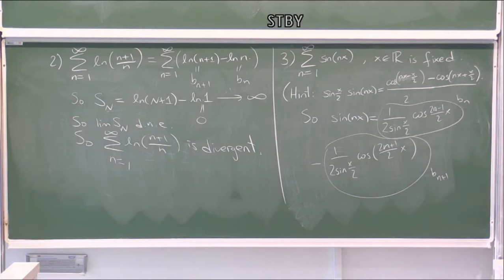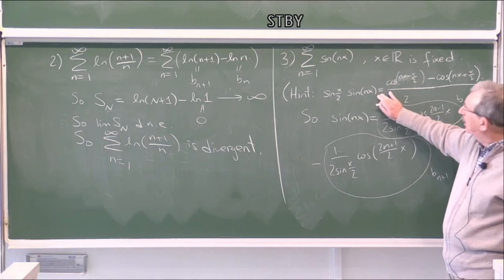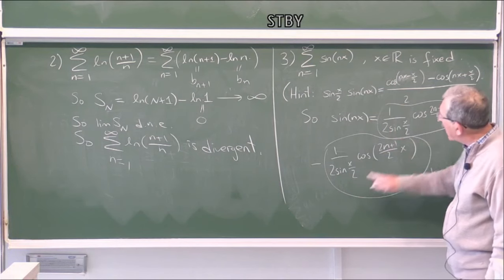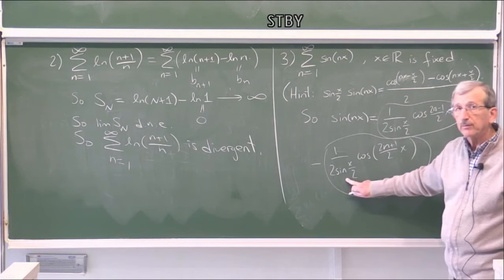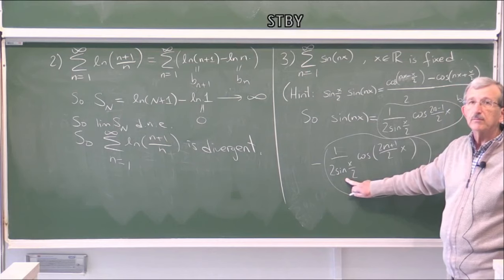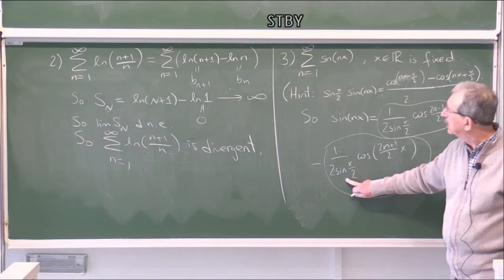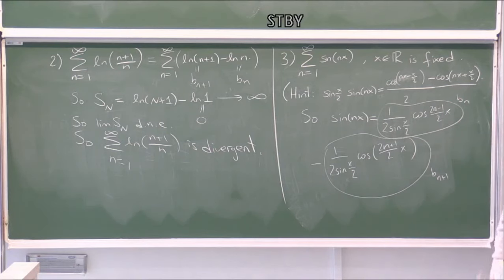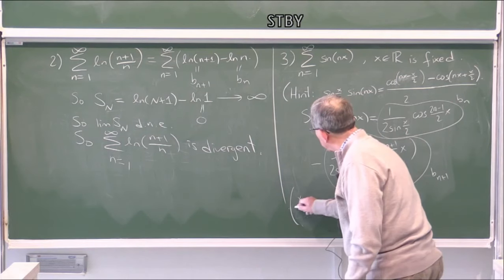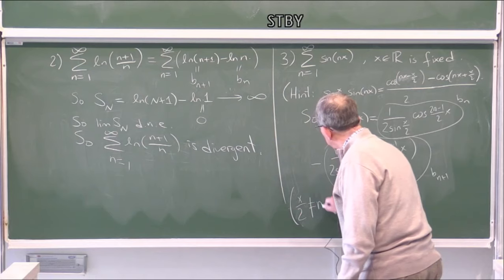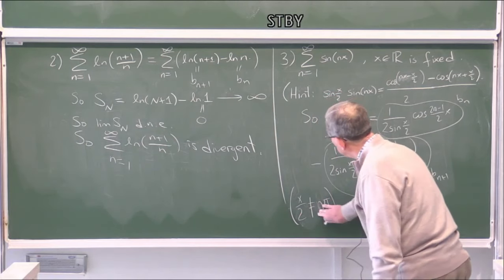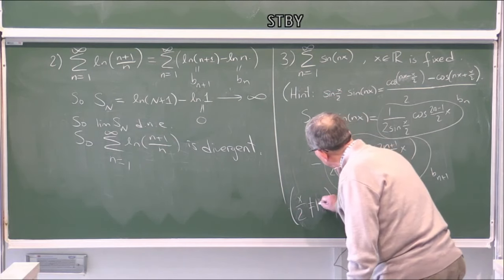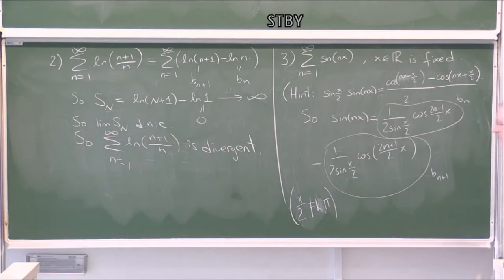Of course, we have to be careful. In this argument, well, this is always true, but when you divide by sine x over 2, okay, it may be 0. It depends on the value of x. So x over 2 will not be a multiple of pi. Okay, here, of course, x over 2 is not some k pi for any k.